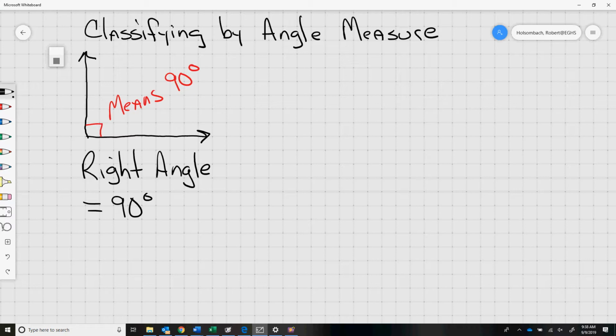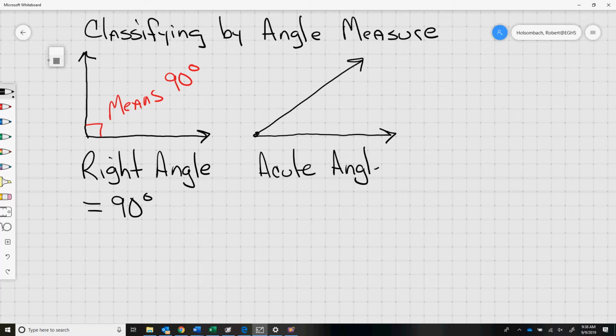Second type of angle, that's an acute angle. And an acute angle measures less than 90 degrees.